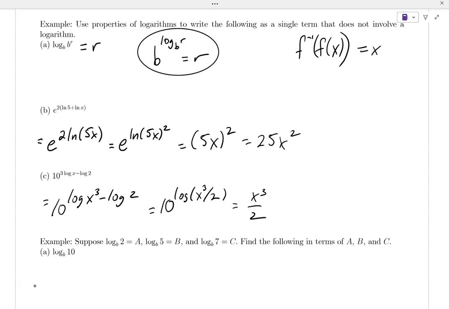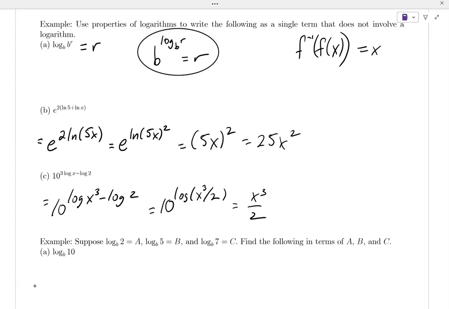This idea of doing inverse functions in both directions is going to pop up in our next section when we start talking about solving equations that involve exponential functions and logarithmic functions. So being able to undo them, right? For example, when you've done equations with square roots in them, you squared both sides to get rid of the square roots.